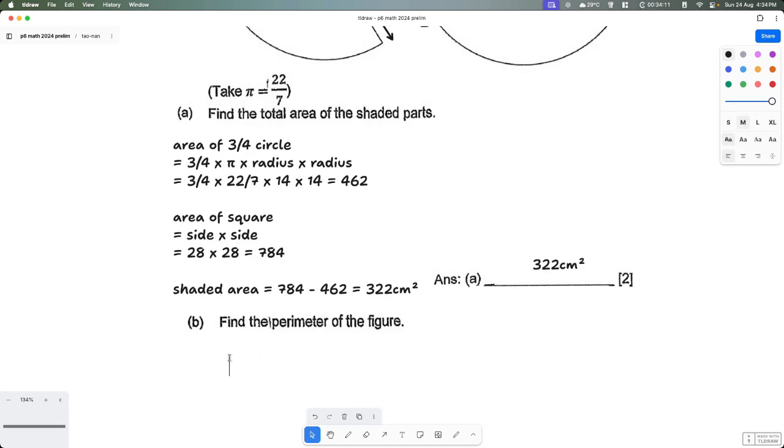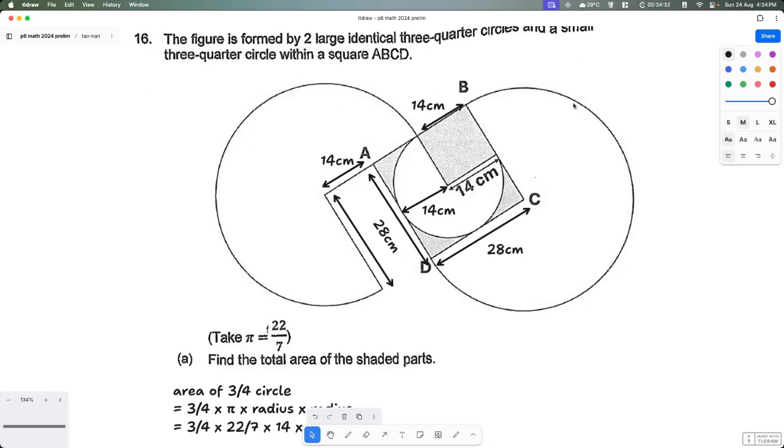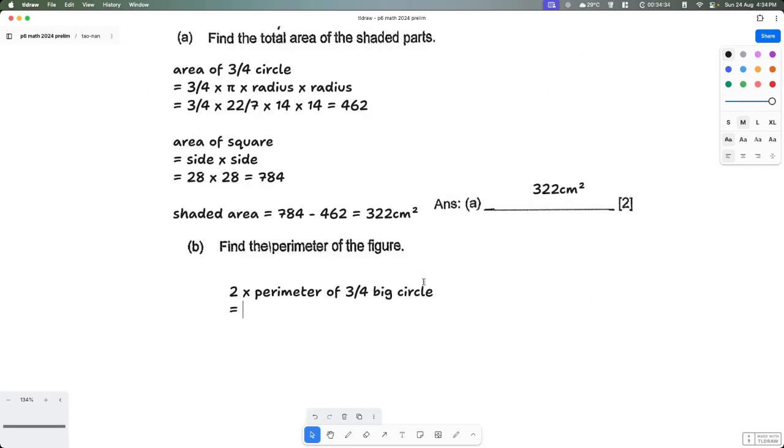So for this 3/4 big circle, it is not area, it's perimeter. 2 times the perimeter of this whole big circle, which is equal to 2 times 3 out of 4 times 2 pi r, 2 times pi times radius.